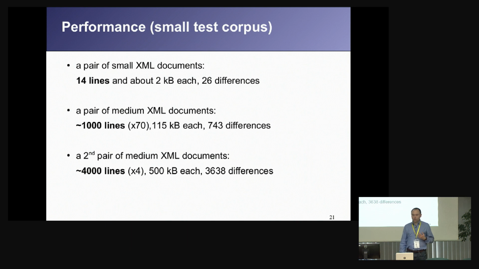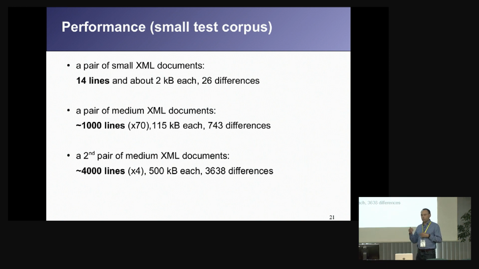I'm now going to talk a bit about the performance of Tagdiff on a small test corpus, because Tagdiff is very recent, very new. We don't have many evaluations to talk about. We are testing on 3 pairs of documents, a pair of small documents, 14 lines each.